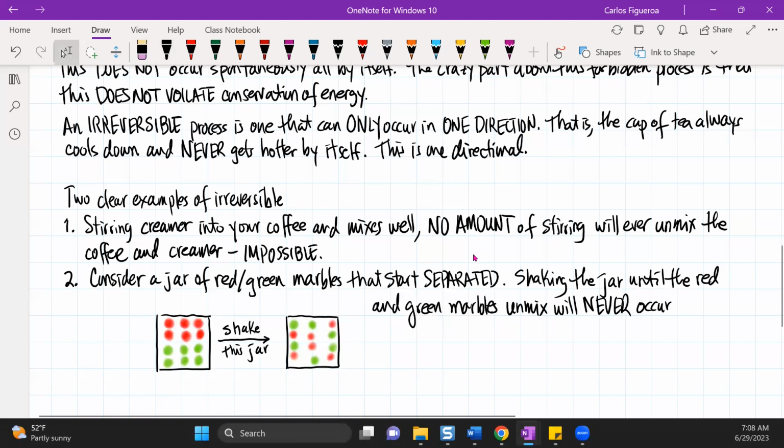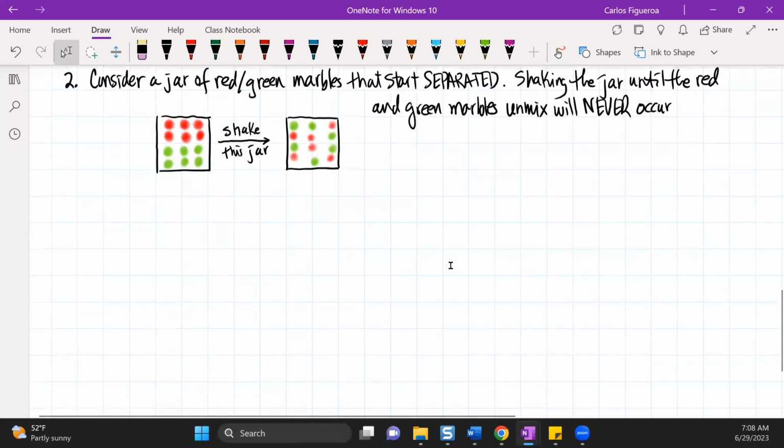Right? I have the reds up at the top and the greens, it just doesn't occur. No amount of shaking will unmix these marbles. It is impossible.